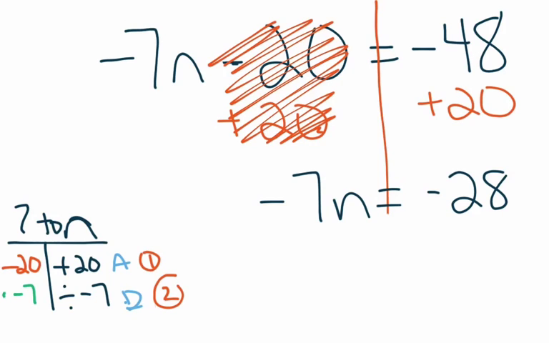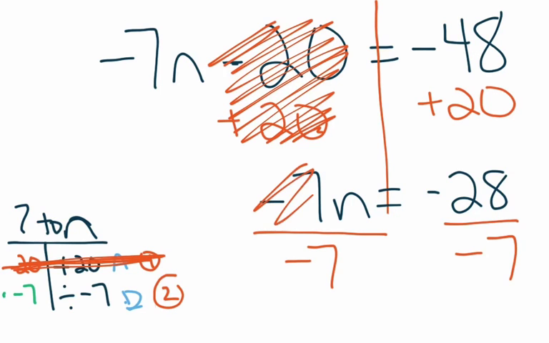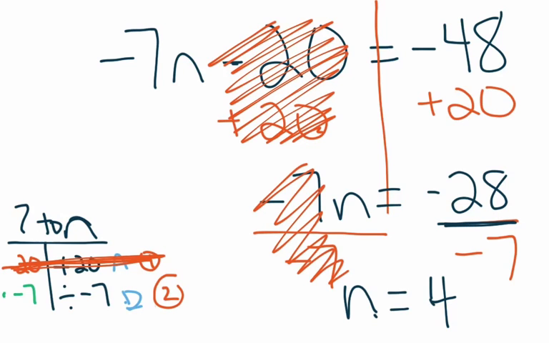Now I've taken care of the 20, so I'm going to cross it off, and I still need to divide by negative 7. So I'm going to divide by negative 7 on both sides. These 7s go away, and I'm left with n equals negative 28 divided by negative 7, which is positive 4. So the answer is n equals 4.